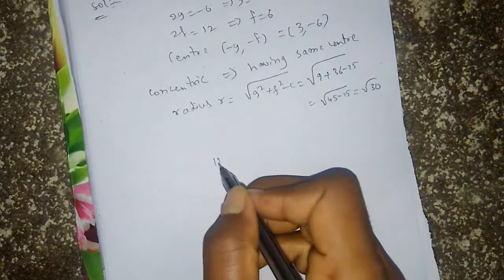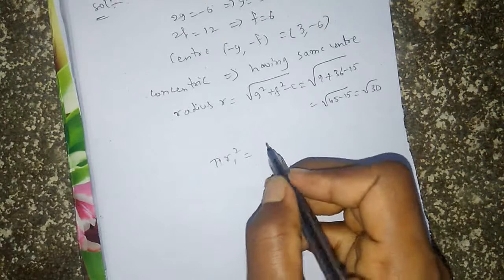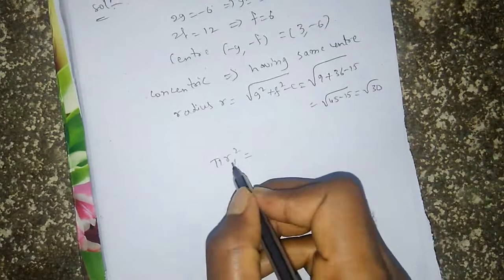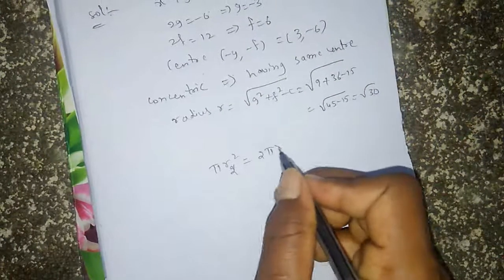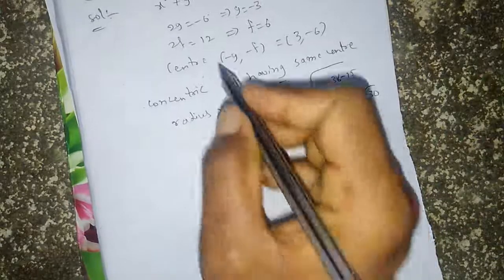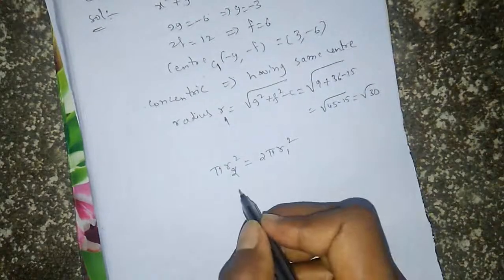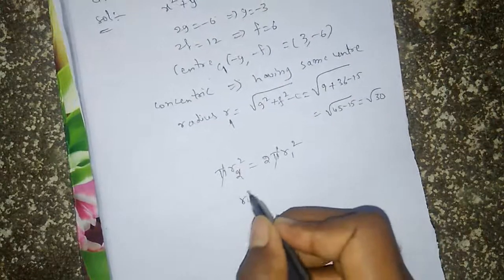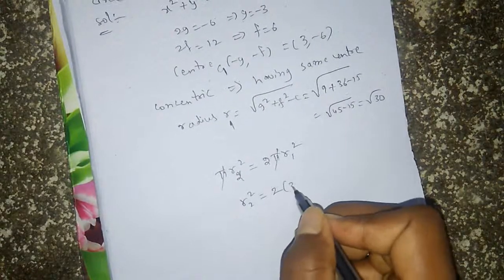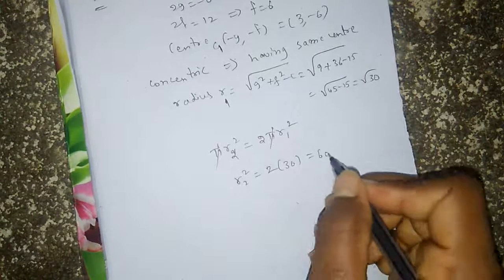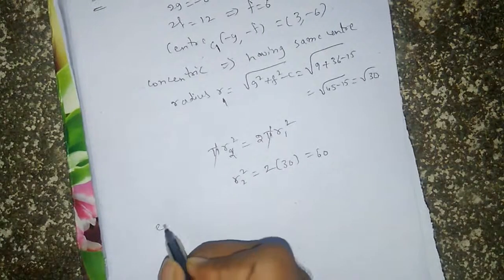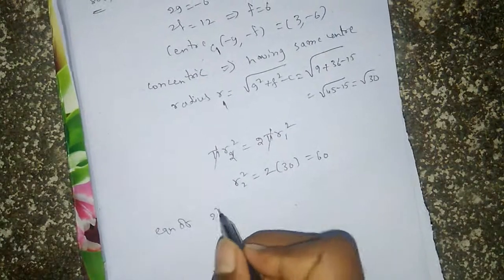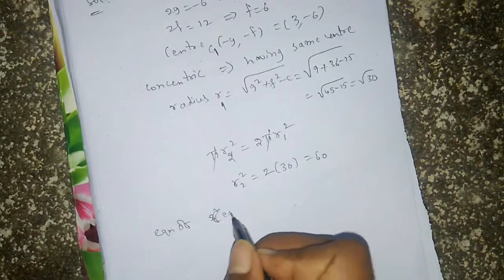Now given that pi r2 square is equal to 2 pi r1 square. Let this be r1, let this be c1. Here pi gets cancelled. R2 square is equal to 2 into 30, that is equal to 60. Now equation of required circle.